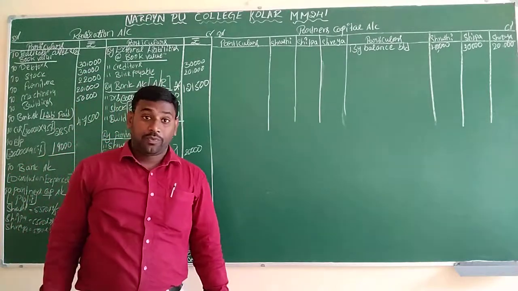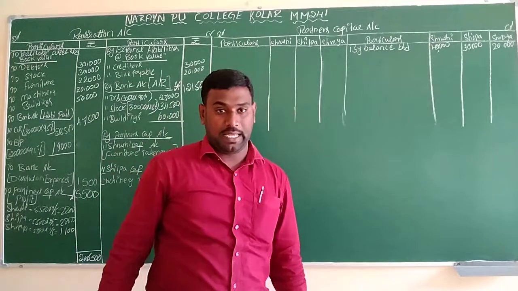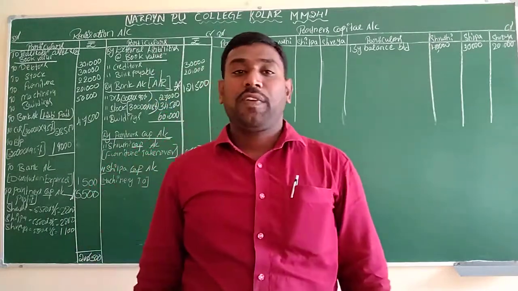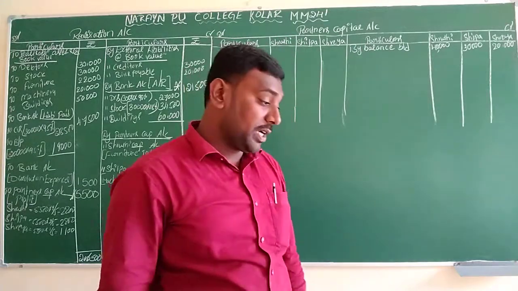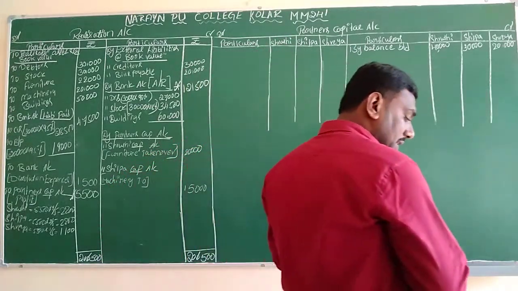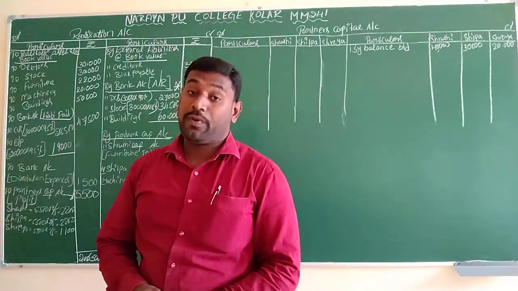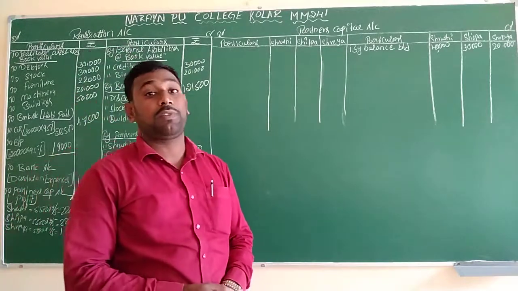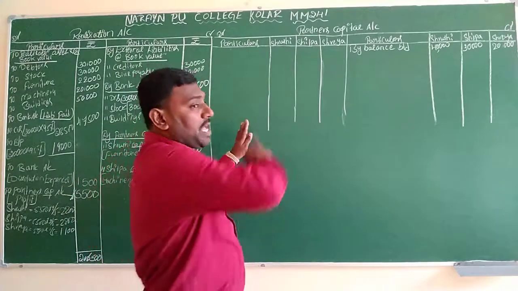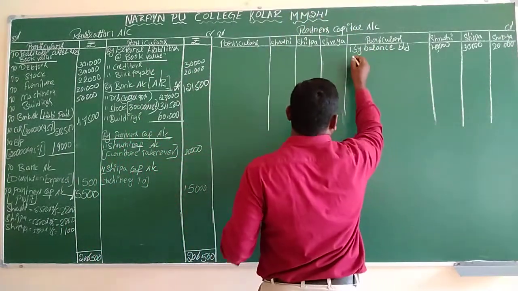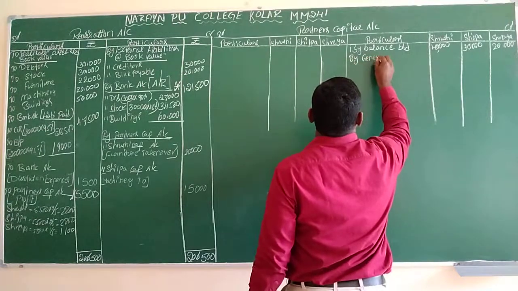Again, we have to go through the whole balance sheet itself. One more transaction affects our partners capital account, which is the general reserve they have given. Where is the general reserve available in the balance sheet? On the left hand side, under liabilities. So we have to transfer it to the right hand side of the next account, and we will write the heading by general reserve.